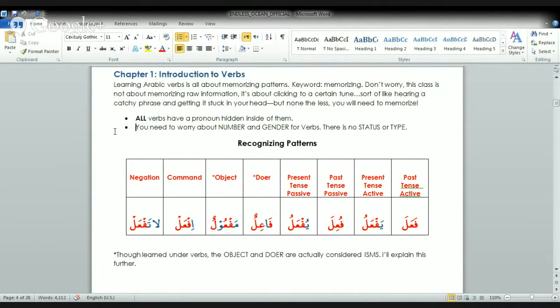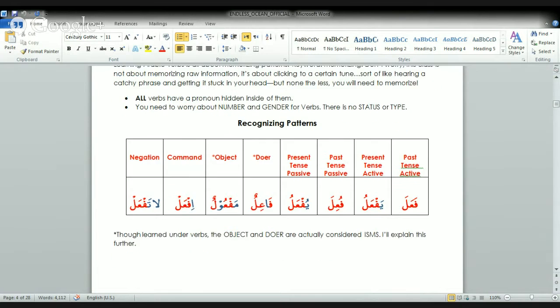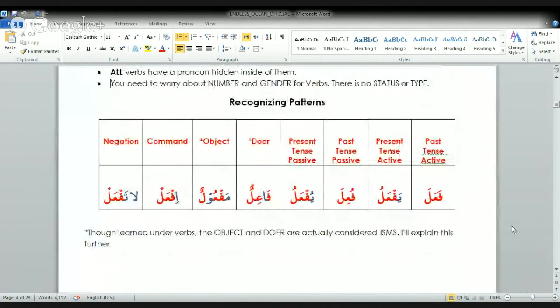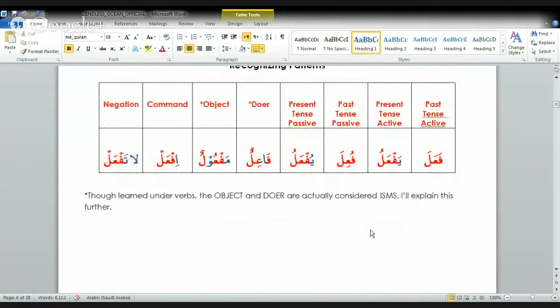I'm not going to get into all of this periphery information, but what I did want you to take a look at here is how to recognize verb patterns. So here, for example, you notice that these are about 8 solid verb patterns, and this is how verbs will generally look. So you have fa'ala, right? And then you have yaf'alu, fu'ila, yuf'alu.